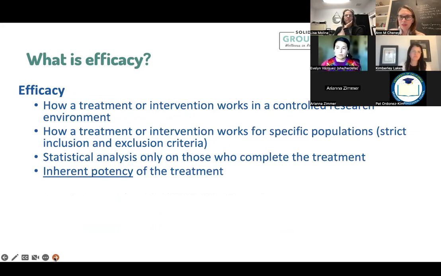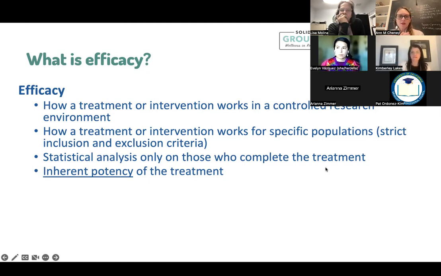So what is efficacy? Now we're going to talk a little bit about efficacy and effectiveness, and then effectiveness trials. So efficacy is how a treatment or an intervention works in a controlled research environment. When we think of randomized controlled trials, we are thinking about a controlled research environment.